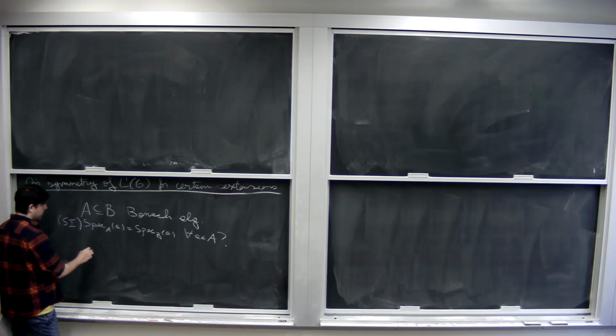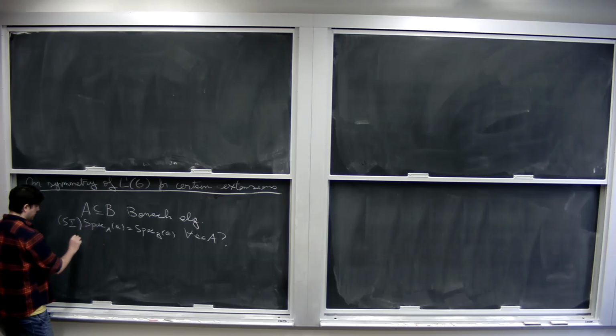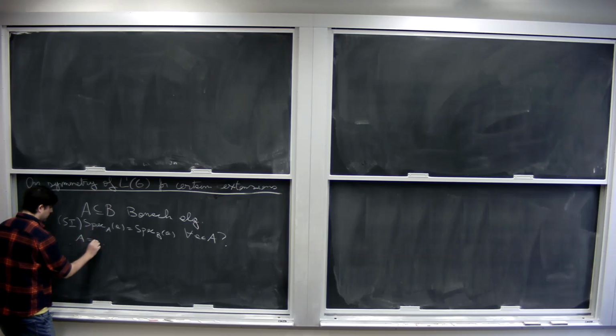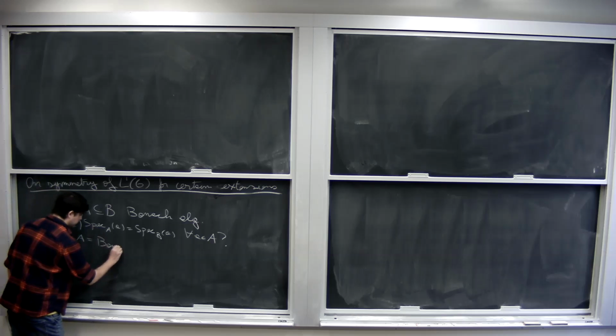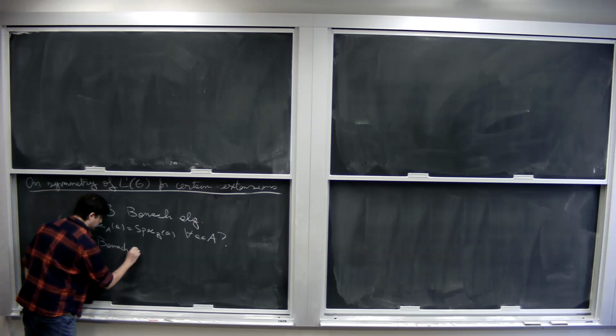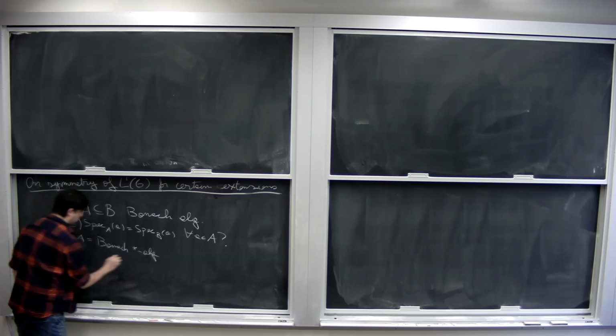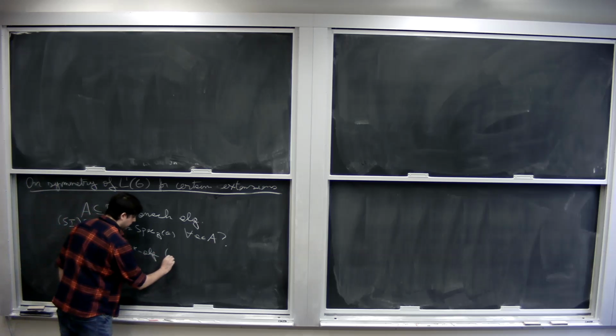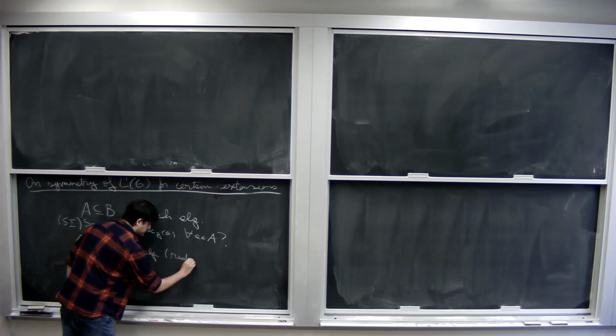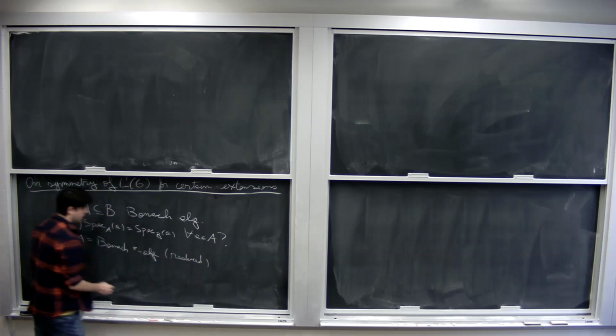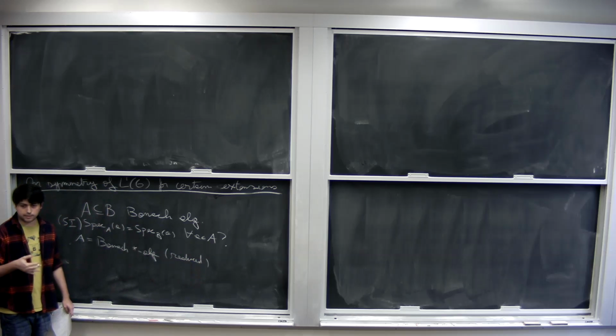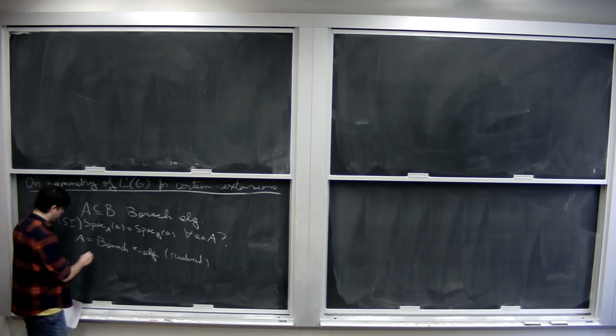So let me restrict the problem a little bit further. Suppose that A is a Banach star algebra, let's say reduced. That only means that it injects into a C-star algebra.